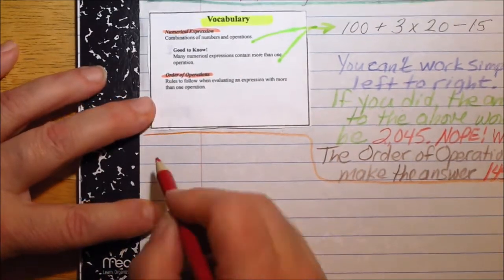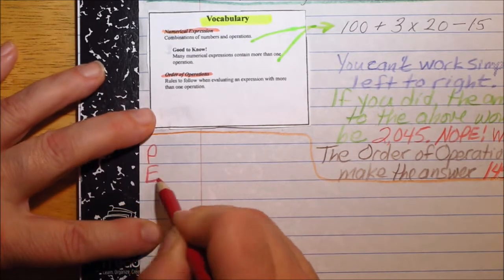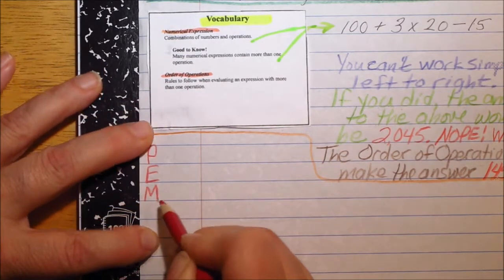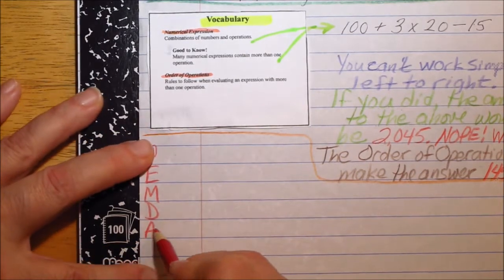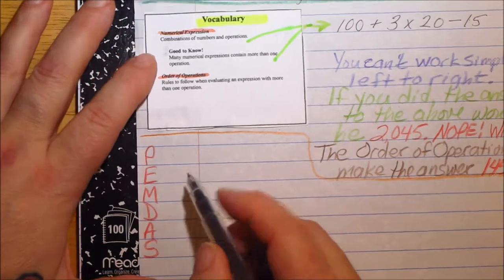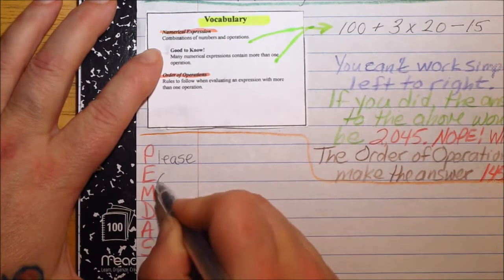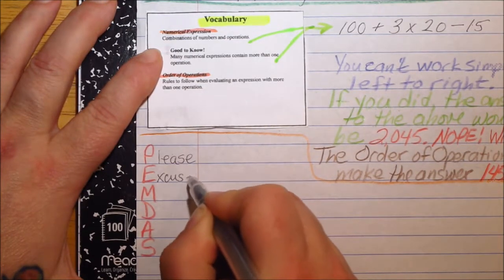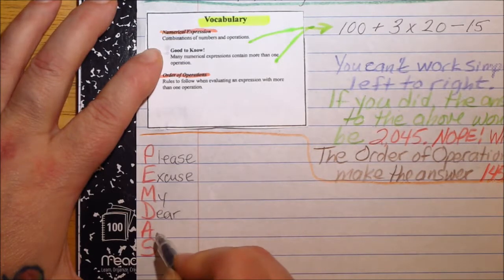So please excuse my dear Aunt Sally. Well, let's see. PEMDAS, please excuse my dear Aunt Sally. I've never known what it is we're supposed to be excusing her for, but here we go. Please excuse my dear, oops, oh.